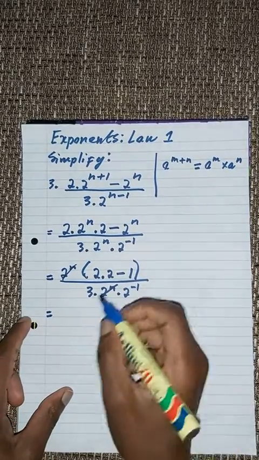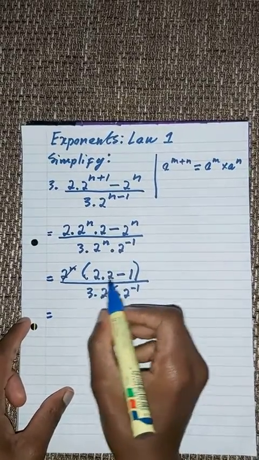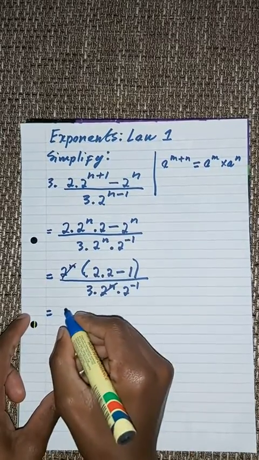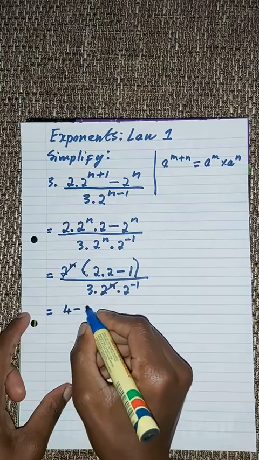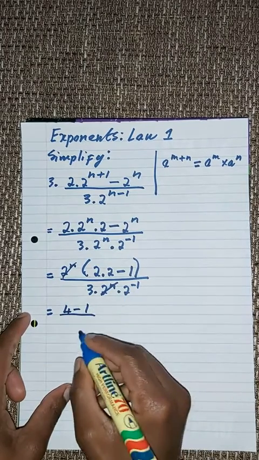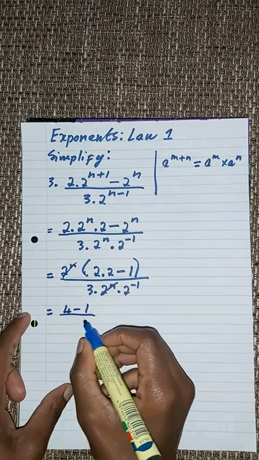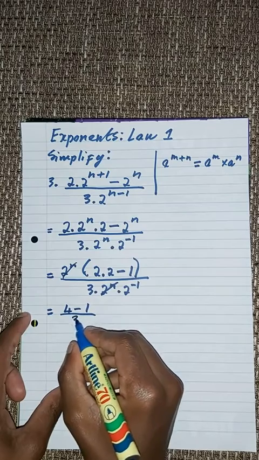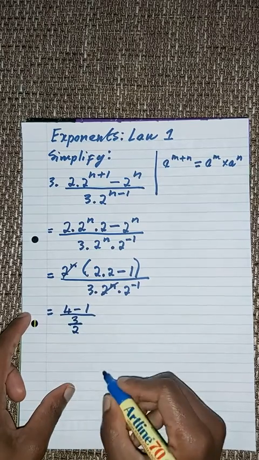Then when we proceed, we will have, okay, I'll do this step by step. We will solve what is in this bracket. We'll say 2 times 2, we get 4 minus 1, divided by 3 times 1 over 2. 3 times 1 over 2 should be 3 over 2.